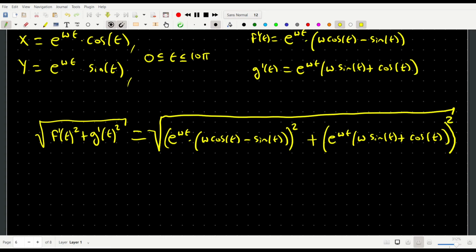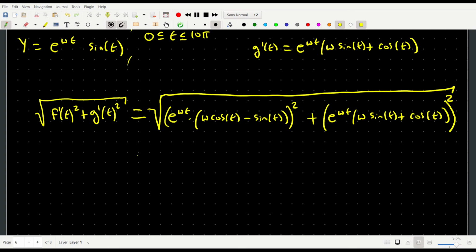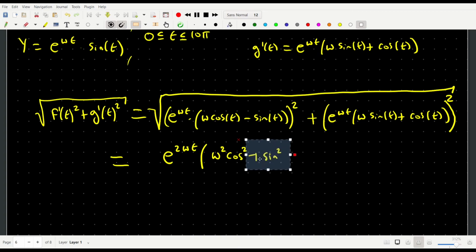So it's f prime squared plus g prime squared. And this will be equal to e to the 2 omega t times omega squared cosine squared plus sine squared, both of these are of t. I'm just foiling out this term right here.